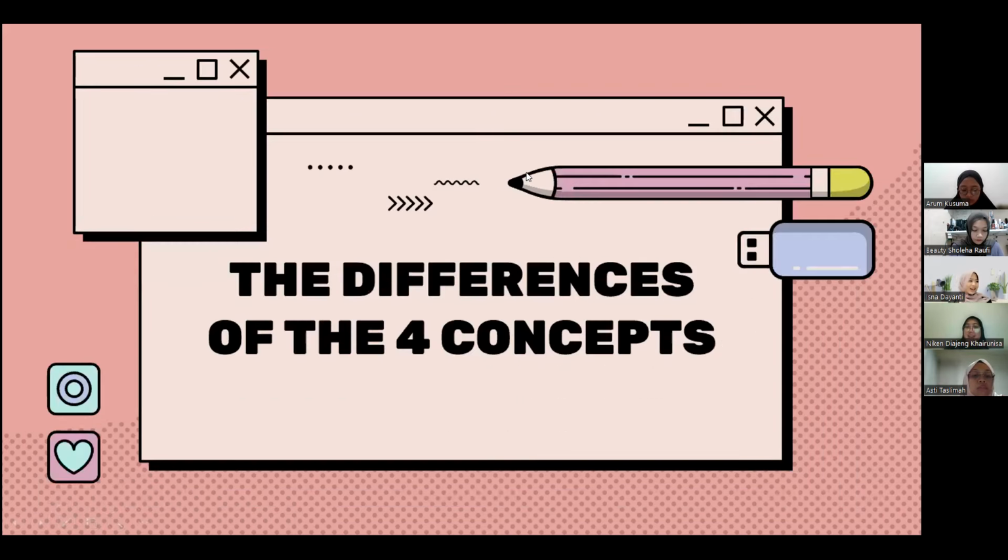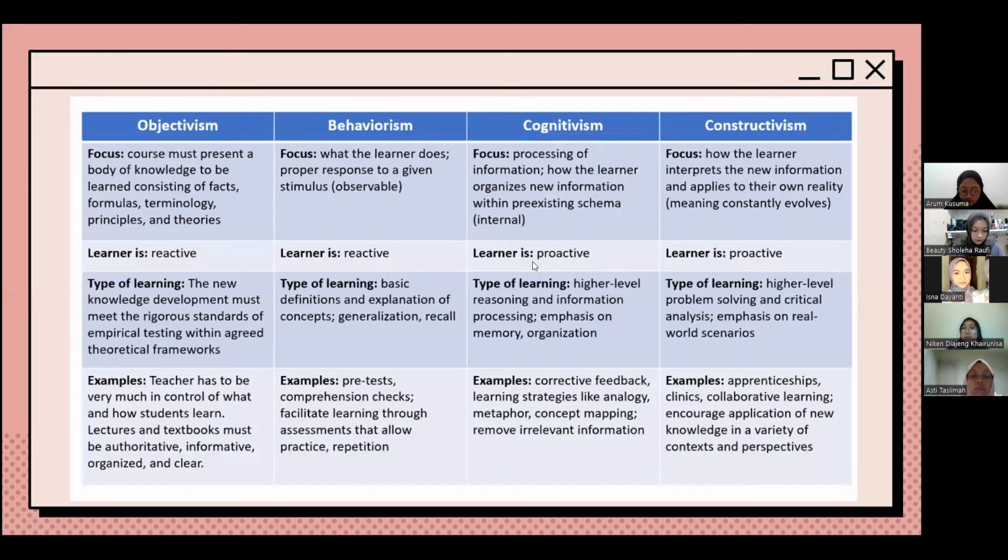Thank you, Isna. So here I would like to discuss the differences of the four concepts. I would like to discuss the focus, the type of learner, the type of learning, and also the examples. For the first one, it's objectivism. Its focus is that the course must present a body of knowledge to be learned consisting of facts, formulas, terminologies, principles, and also theories.